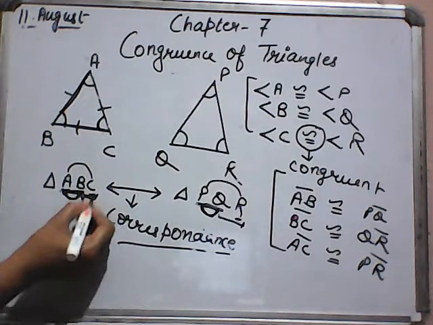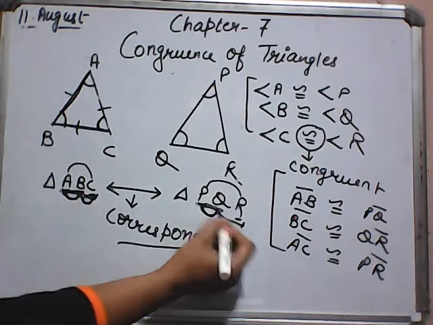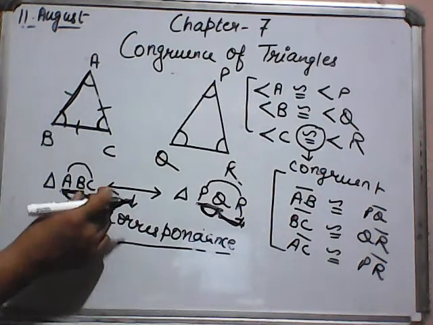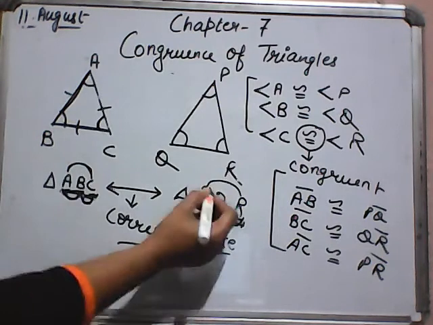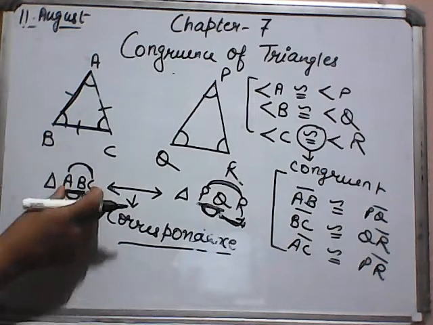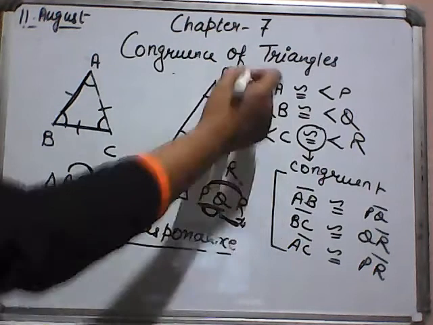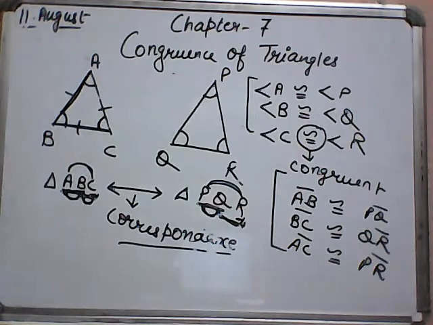Second and third vertex BC, second and third vertex QR: BC is congruent to QR. First and third vertex, first and third vertex: AC is congruent to PR. These are 6 parts of equal measurement of two congruent triangles.